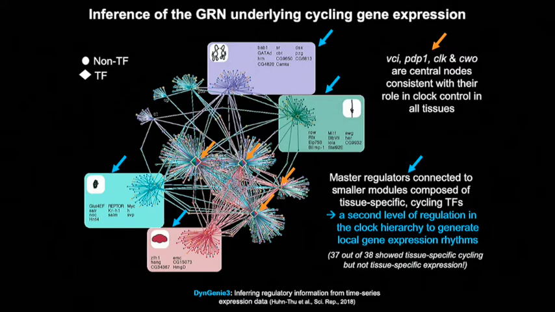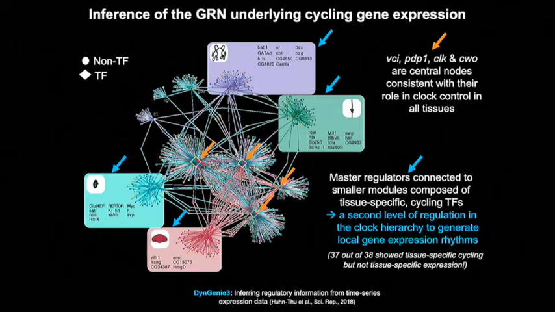Because 37 out of the 38 of these tissue-specific cycling transcription factors only cycled in their respective tissue, even though they were expressed in other tissues as well. So there seemed to be some kind of cooperativity between the central regulators and tissue-specific regulators, which then also cycle in their tissue, even though they can be expressed in other tissues as well, but are not cycling in those other tissues, okay?